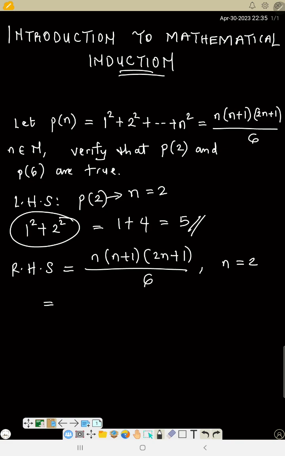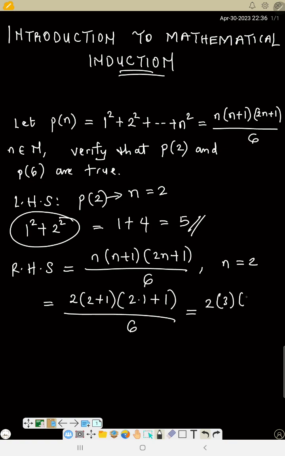So we put 2 here, so this will become 2 times (2 plus 1) times (2 times 1 plus 1) divided by 6.